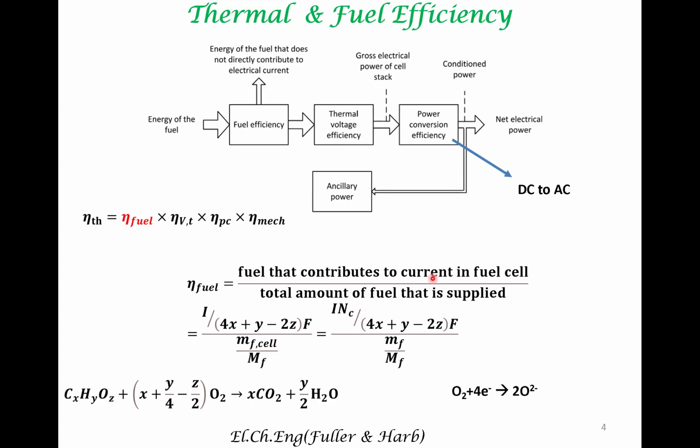So the total amount of fuel that is supplied is given in the denominator. This is the mass flow rate divided by the molecular weight of the fuel.